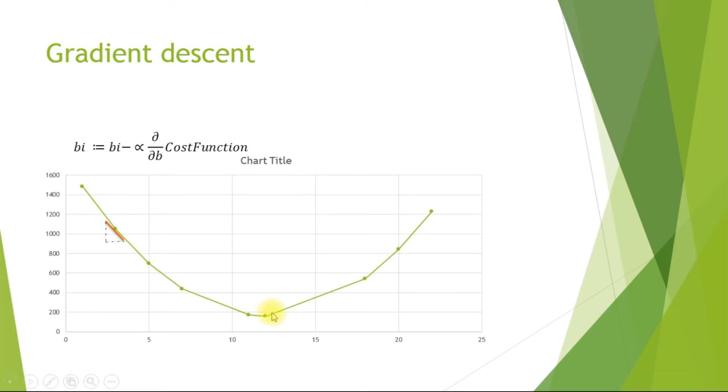In this way we descend to the minimum. We should be very careful that the learning rate, or the steps, are not too big. If it is too big, we'll miss the local minimum, and it should also not be too small, else it would take a long time to reach the local minimum.